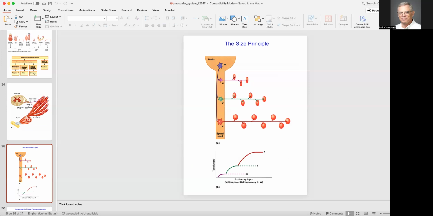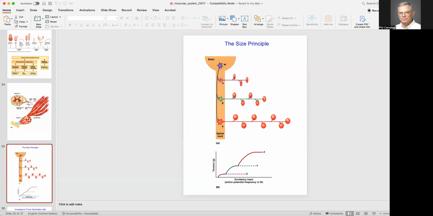So without the size principle, I only have very fast. That means I have nothing in my hand, whoop, like that, even though I've well exceeded the load resistance of my forearm.